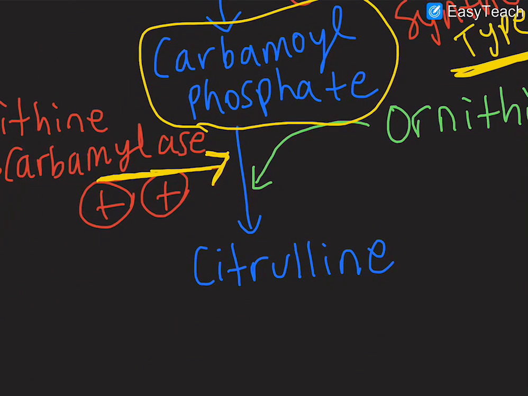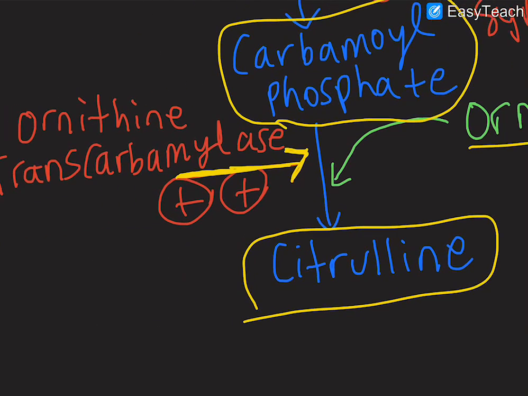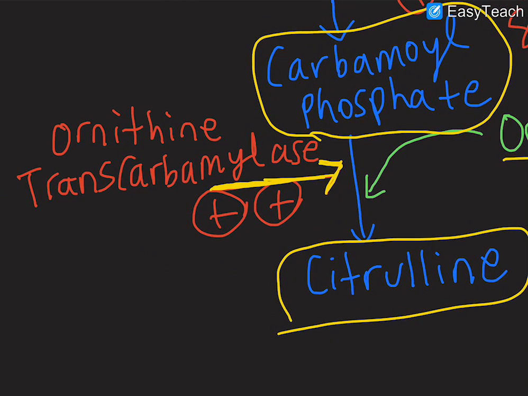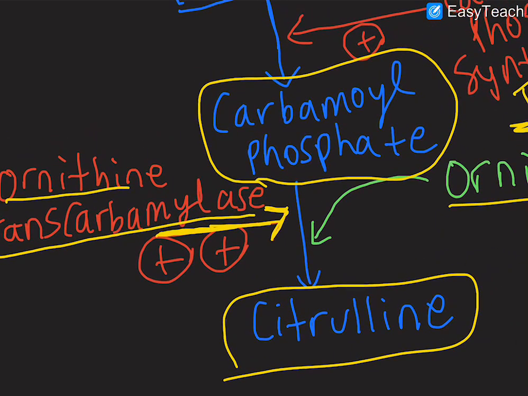Then we take carbamoyl phosphate and we make citrulline, by adding ornithine in this reaction. And this whole reaction is done by ornithine transcarbamylase, okay? If one is deficient in this enzyme, which we'll talk about in a future video also, you cannot decrease your ammonia levels, because the whole point of the urea cycle is to take ammonia and convert it to urea, which is less toxic.